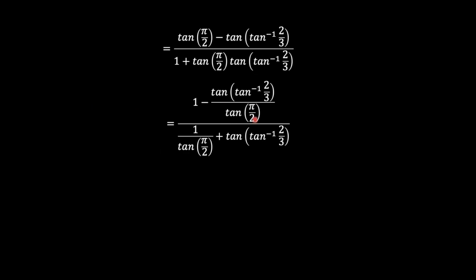Now, as we approach tangent of pi over 2, this entire value approaches infinity. So whatever has tangent pi over 2 in the denominator tends to 0. So we're left with 1 over tangent of arctangent 2 over 3, which is 1 over 2 over 3, the reciprocal of 2 over 3, which is 3 over 2. Therefore, tangent of h(1) is 3 over 2. That means that h(1) is the arctangent of 3 over 2.